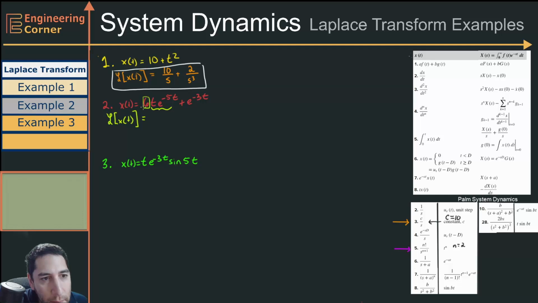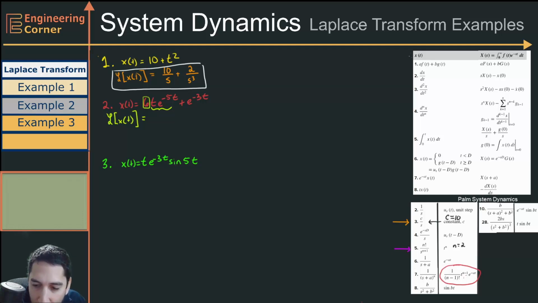Now we know from the property of linearity that we can take the 6 out of our Laplace transform and multiply whatever our transform is by the 6. So let's look at what entry will help us here. And it looks like we're looking for a t times an exponential. So here's an exponential, but it doesn't have a t times it. The one below it has a t times an exponential right here.